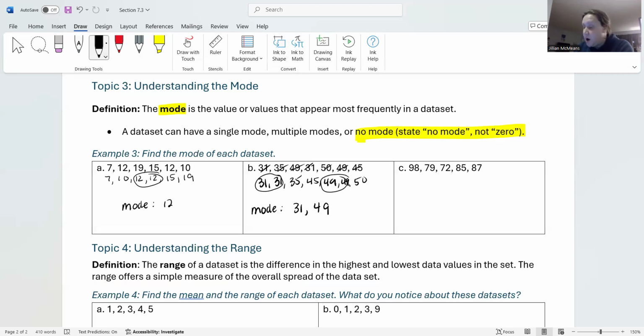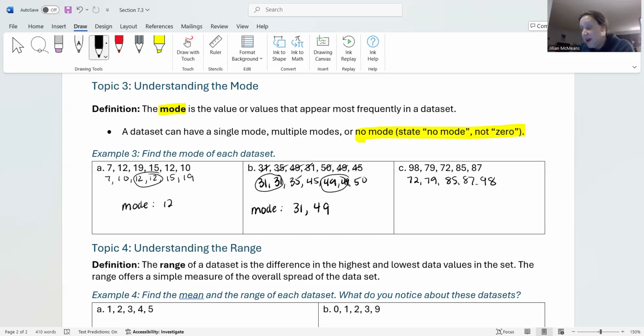For our last data set, we have 98, 79, 72, 85, 87. We could put these numbers in order, but it's not going to be super helpful here. This is not a huge set. You can see right here, none of the data items occurs more than once.